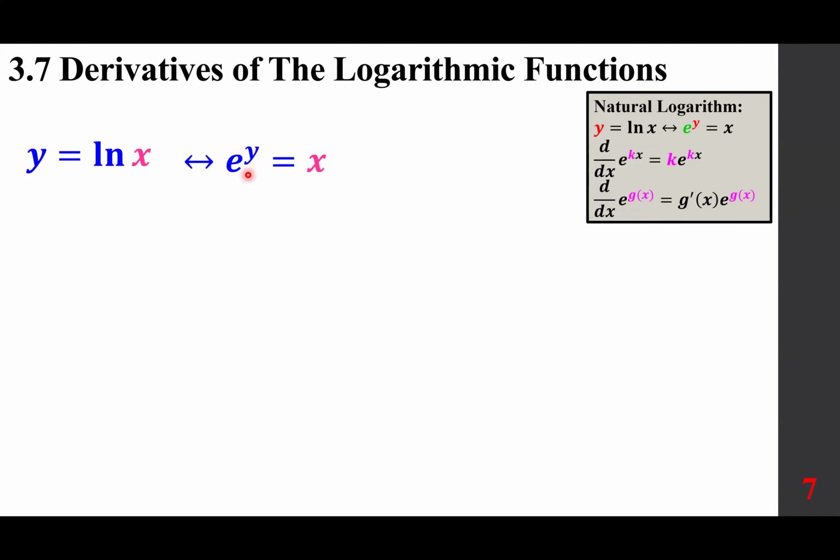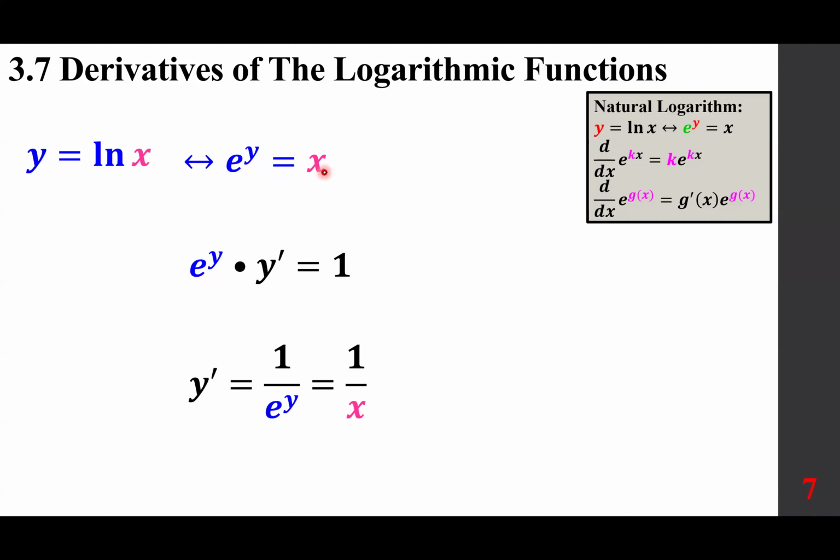So the derivative for the left side is itself times y prime. The derivative of x, of course, is 1. So y prime, or dy dx, is 1 over e to the power of y. If it's 1 over e to the power of y, it's the same as 1 over x.